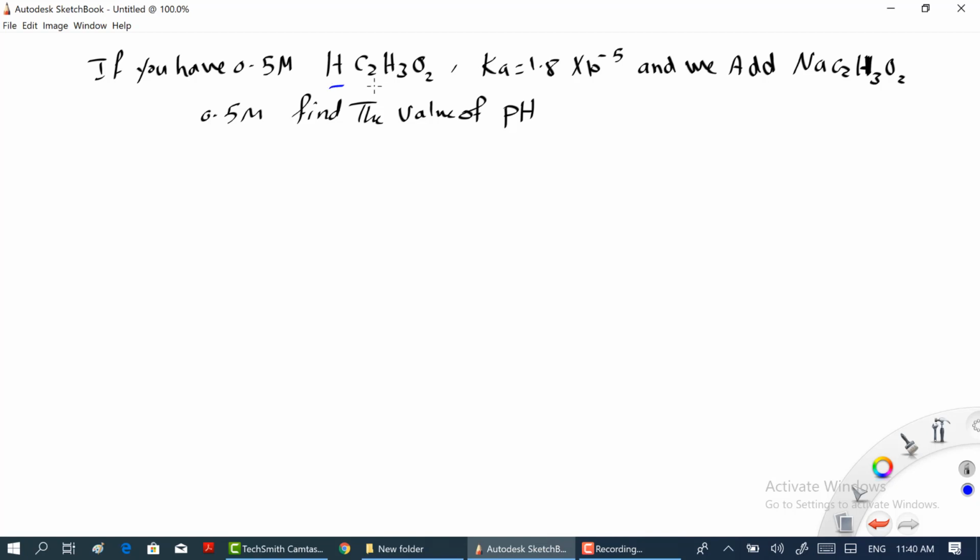Firstly, we'll start with the acid, then go to the buffer. HC2H3O2 dissociates in the presence of water into C2H3O2 negative plus H positive.